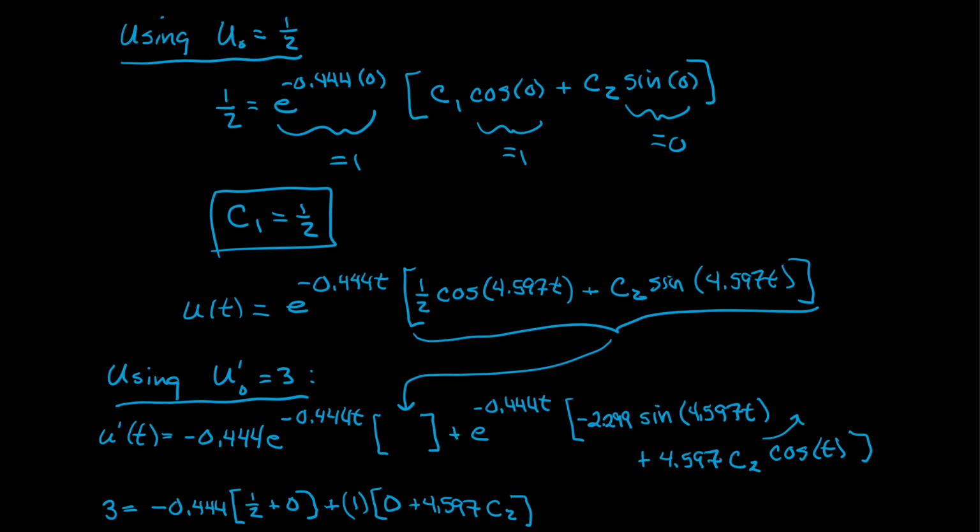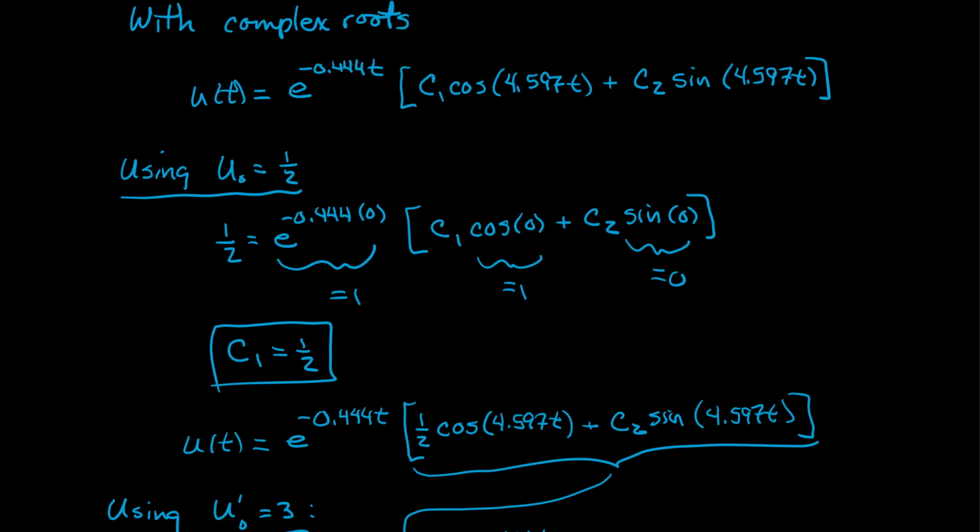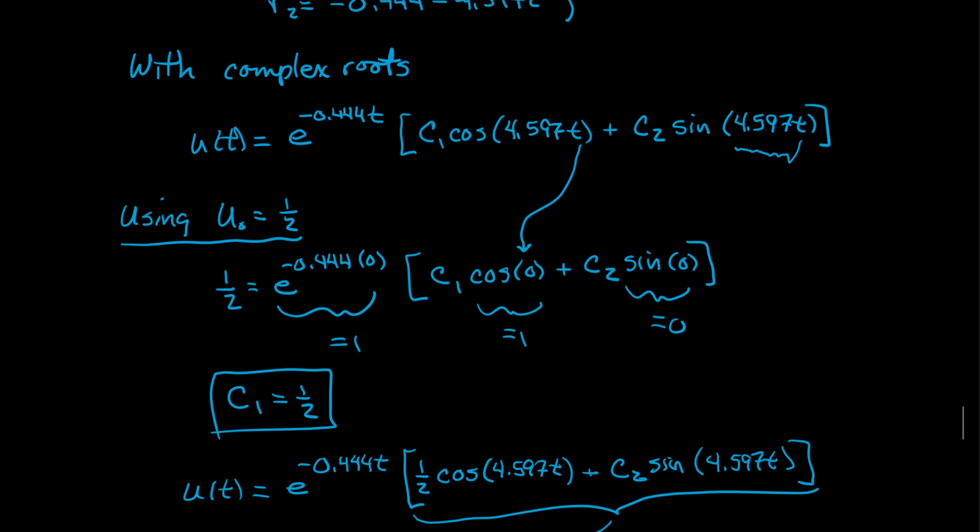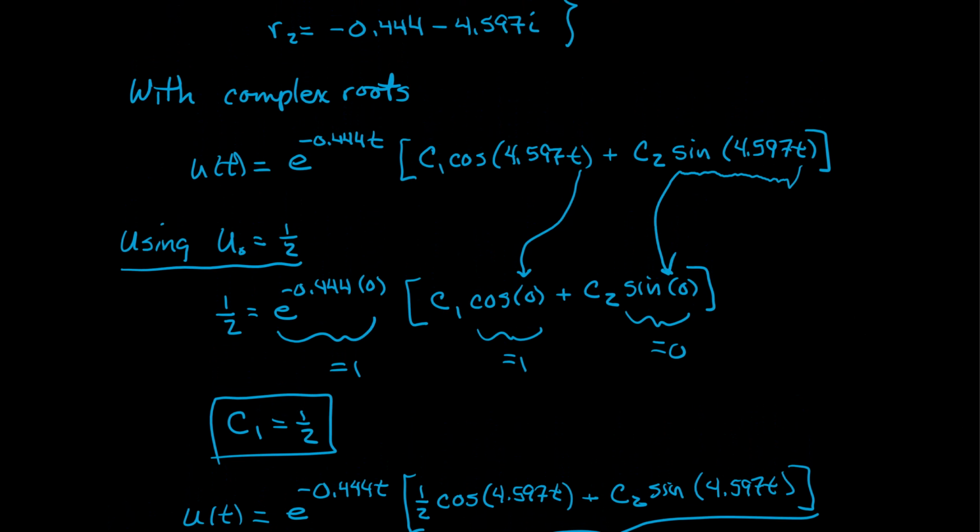1/2 is equal to e to the negative 0.444 times 0. That's just a fancy way of saying 1 times c1 times the cosine of 0 plus c2 times the sine of 0. These zeros in the argument come from the fact that t itself is 0, which zeroes out both of the arguments.